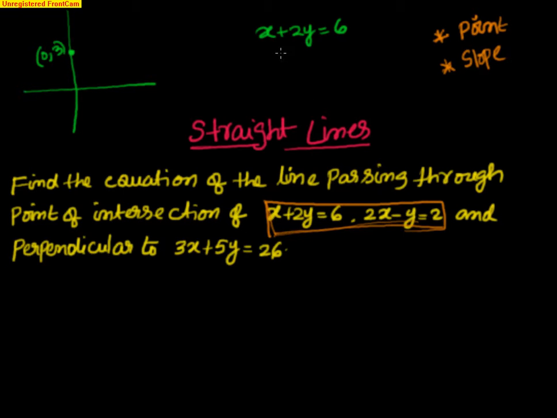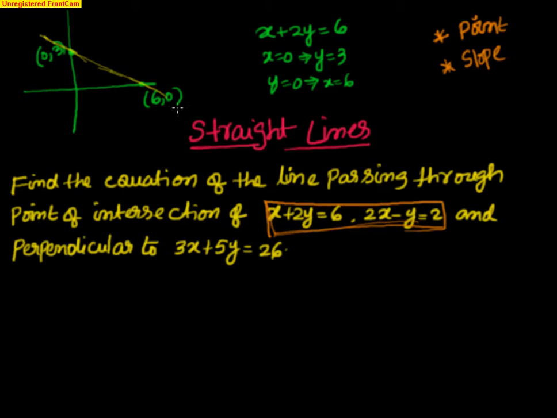This is one point, 0 comma 3. Similarly, y equal to 0 gives me x equal to 6, so another point is 6 comma 0. This is my straight line. So let me draw that. This is the first straight line.